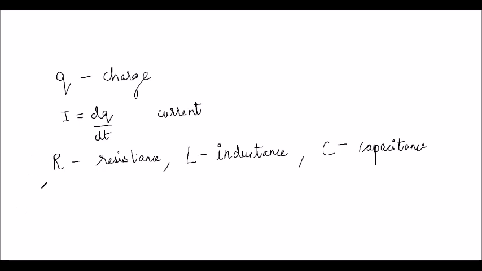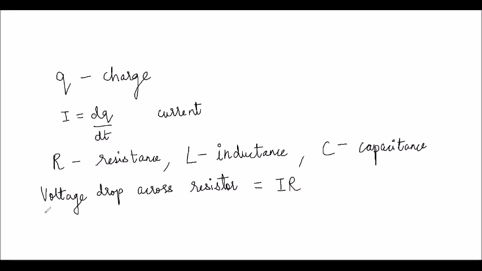Now, you have learned in your physics in 11th and 12th standard that the voltage drop across resistor is given by IR, if I is current and R is resistance.